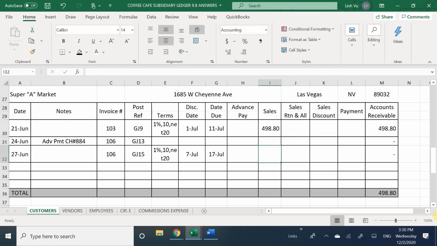Because we're going to do the scenario, right? Let's say on the 24th, they gave us an advance payment. Right now we have a couple of invoices that are due. We have one invoice that is due for $498.80. They didn't pay that just yet. However, we place in an advance payment for the $460.